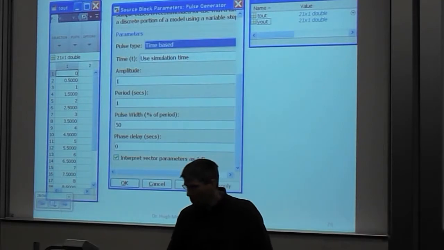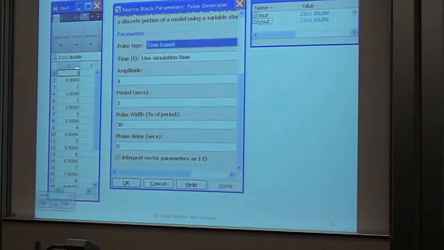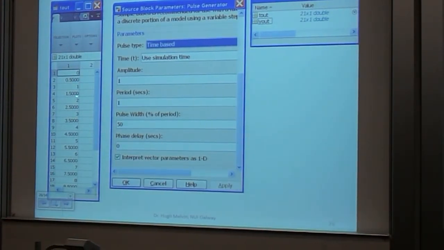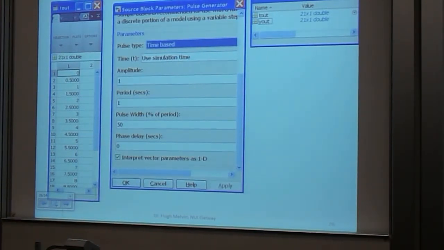Half. A half, right? So Simulink has decided the step size is a half. As you can see here, 0.5, 1.5, and as a result, T out is 21 by 1, because we're running from 0 to 10.